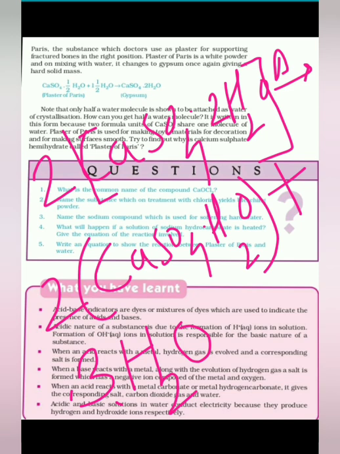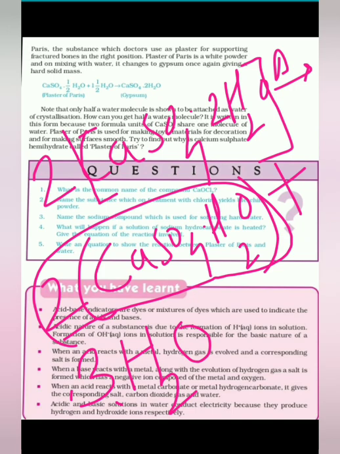So note that only half a water molecule is shown to be attached as water of crystallization, but it is written in this form because 2 formula units of calcium sulfate hold 1 molecule of water.